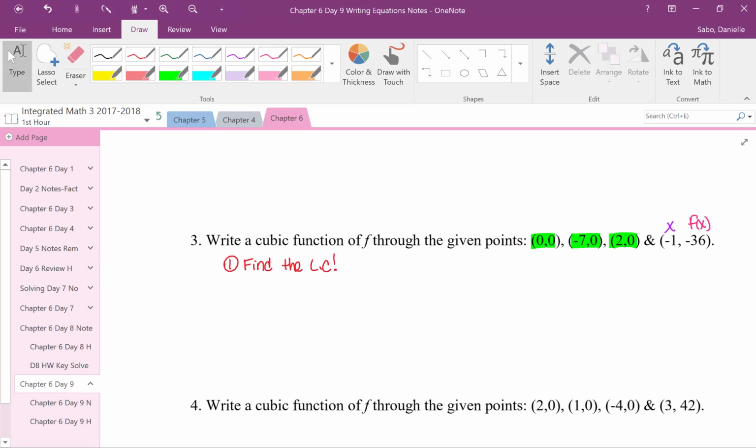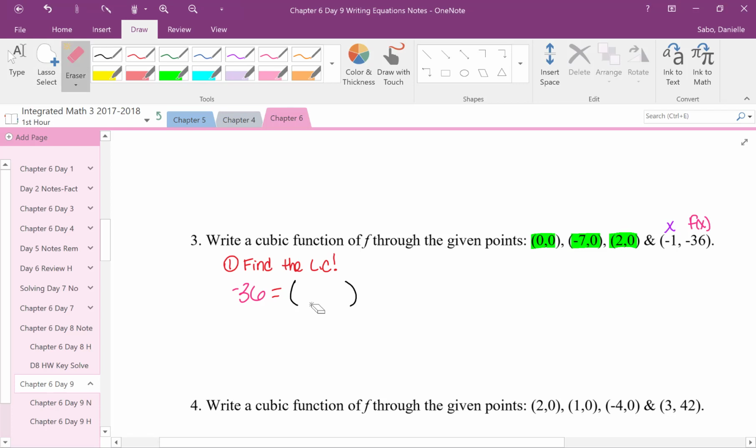So I have my f of x, which is negative 36, equals, same problem, but instead of x minus 0, I'm going to plug in my negative 1 because I know what x is in this situation. So in order to find my leading coefficient, I have to plug in that negative 1.